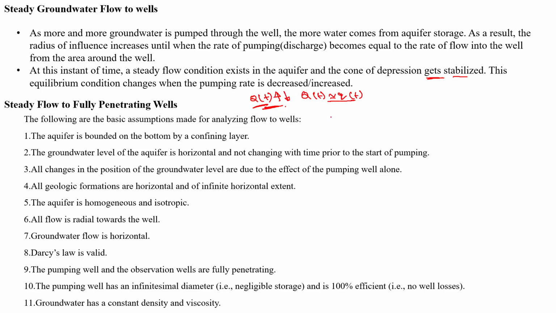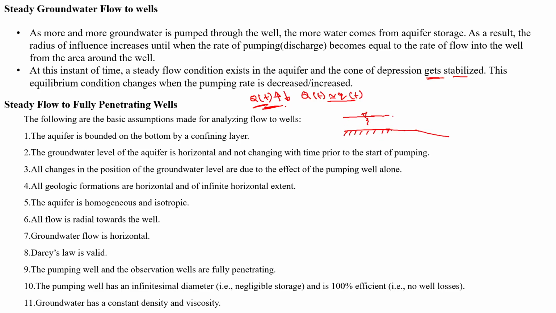For modeling this particular steady flow, we made the following basic assumptions. One is that the aquifer is bounded on the bottom by a confining layer, as I have shown you. The ground level of the aquifer is horizontal and not changing with time prior to the start of pumping.